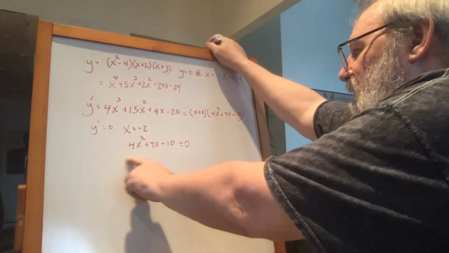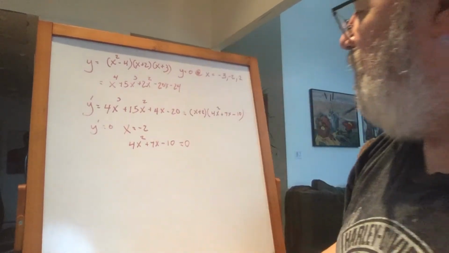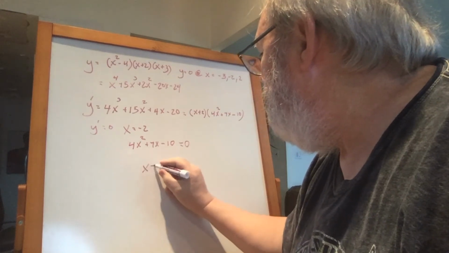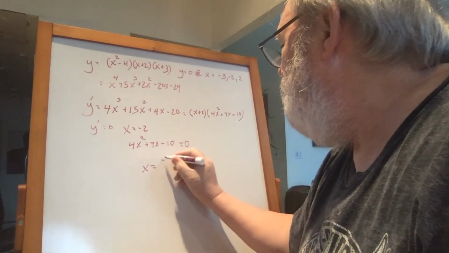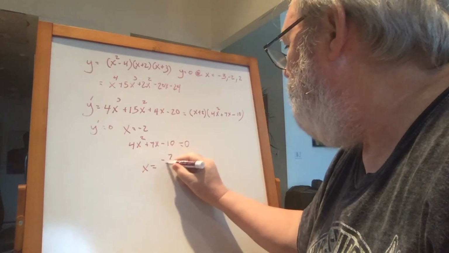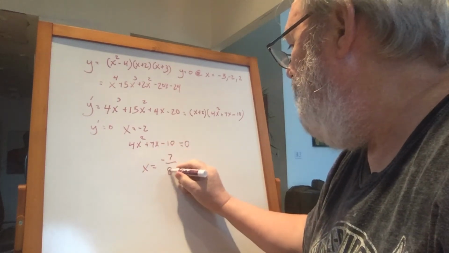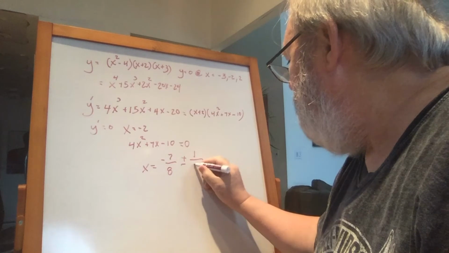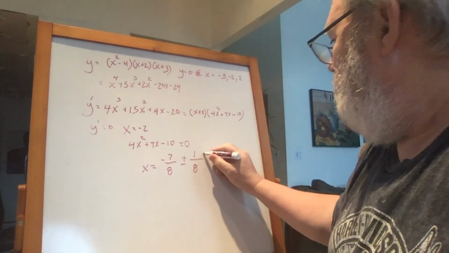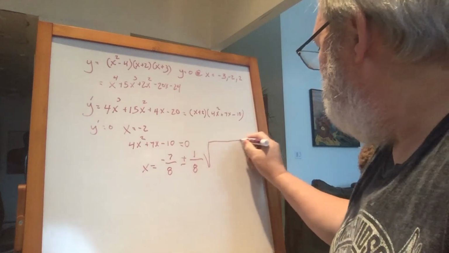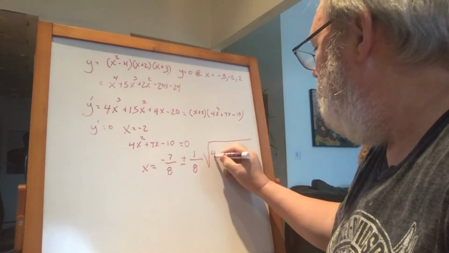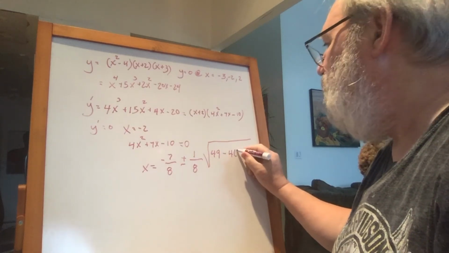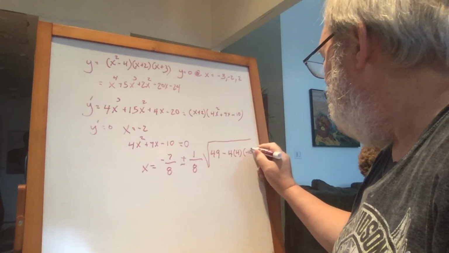And we see here that we got a square, and so we can use the binomial formula. And so we have x equals minus b, okay, 7 over 2a, so that's 8, that's a, plus or minus 1 over 2a, which is 8, times the square root of b squared minus 4ac, so 4 times 4 times negative 10.